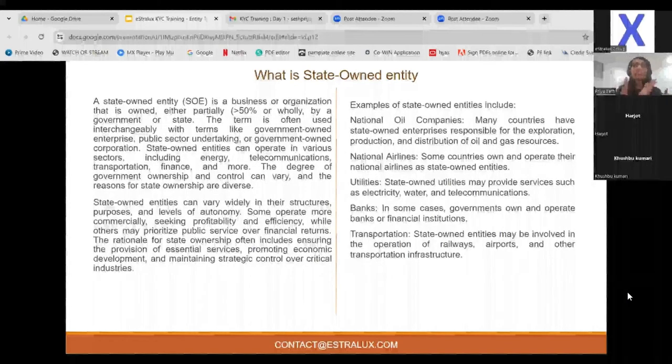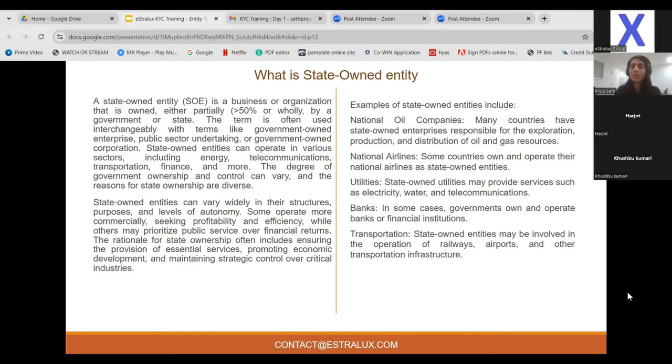But state-owned entities may be held 50% by a private institution or company and 50% by the government. If it is more than 50% or wholly owned by the government, then you say it is a state-owned entity. I have certain examples for you, like national oil companies.